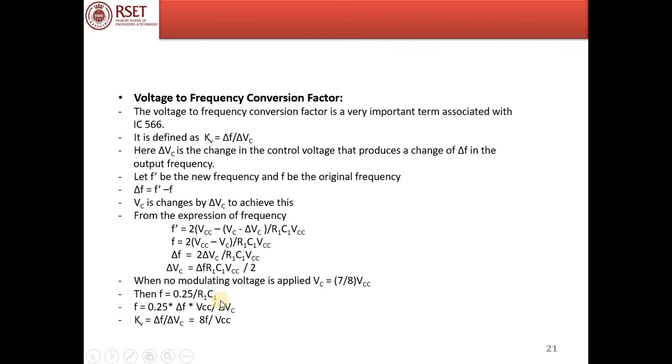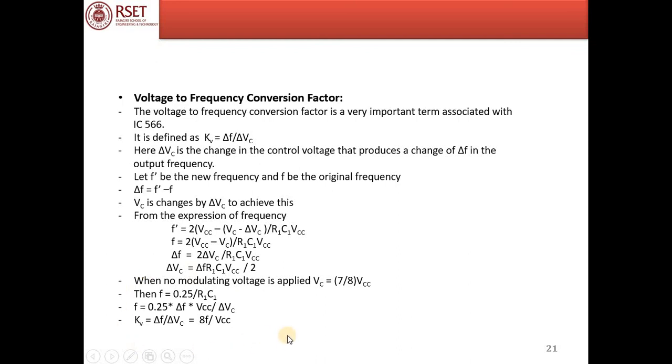We are substituting that here. A 2 is missing here. Please add that 2. So F becomes 0.25 into delta F into VCC by 2 delta VC. When we find out delta F by delta VC from this equation, we get kV, that is the voltage to frequency conversion factor kV, equal to delta F by delta VC equal to 8F by VCC.